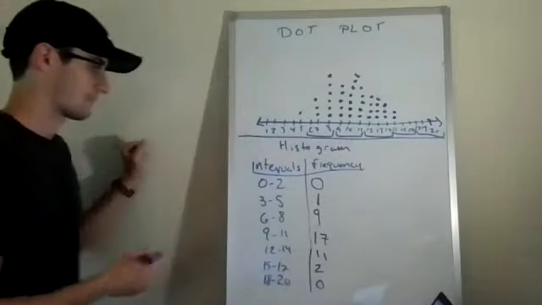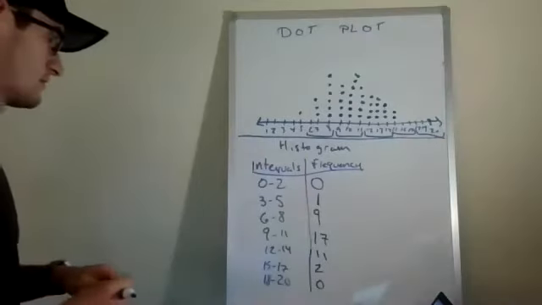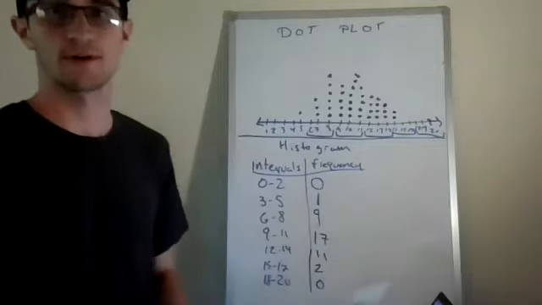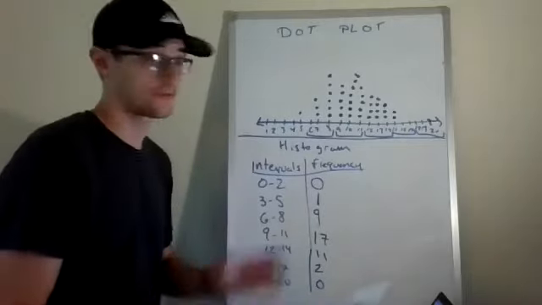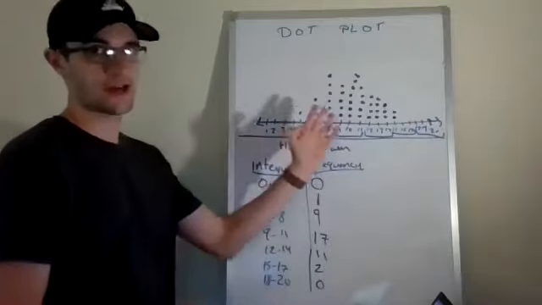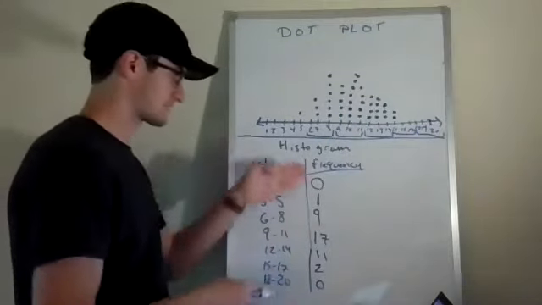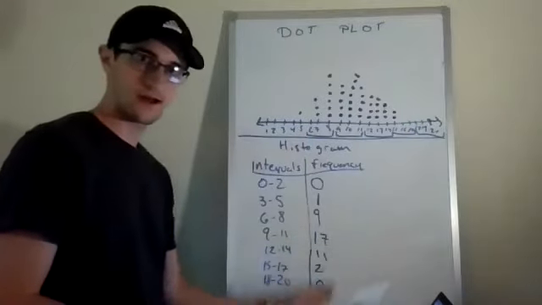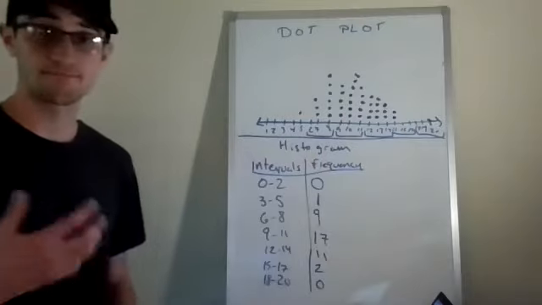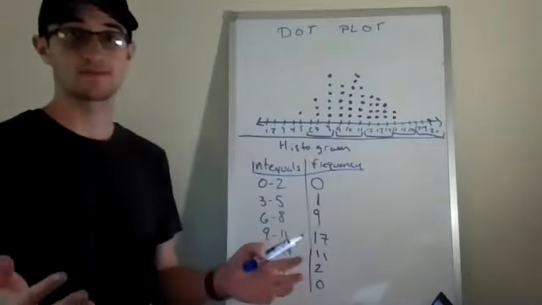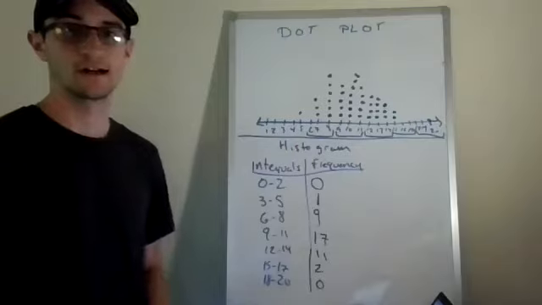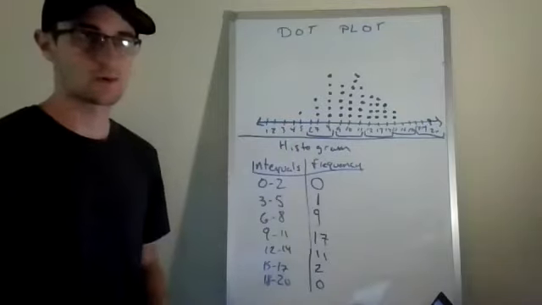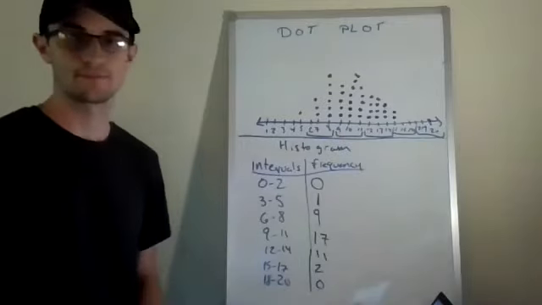Now, we had 40 basketball games that we were collecting data from, okay? So we should have 40 dots. I don't want to count all the dots, but what we can do is count up all of the numbers we found in the frequency column, okay? And we can make sure that adds up to be our total number of data points, so we can make sure we counted all of them.